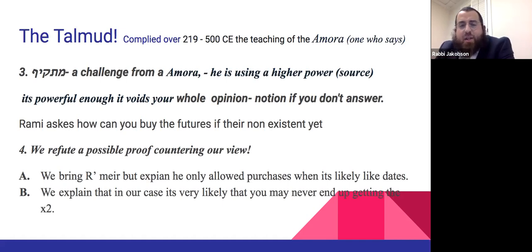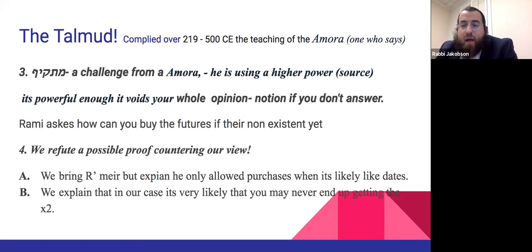And just for added addition, maskif means that it's coming from the era of the Amora. Now, how did that translate in our Gemara? This was step number 3. After we said that you could buy the financial rights, the Talmud, or Rami, asks you, how is it possible to buy futures if they're non-existent yet?